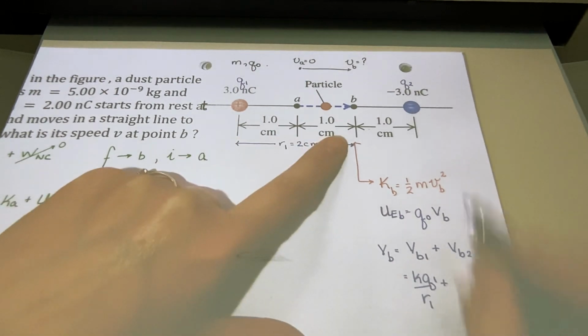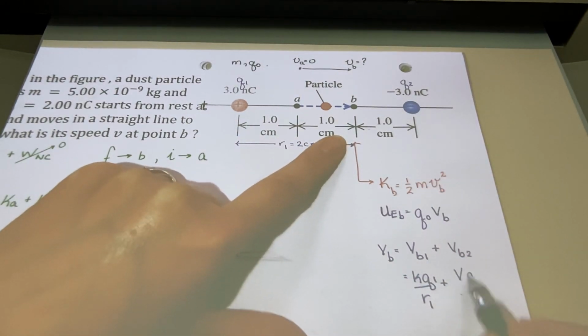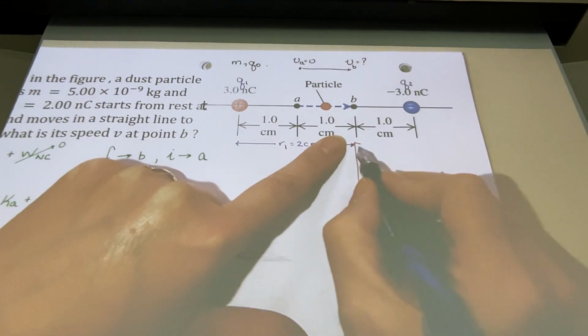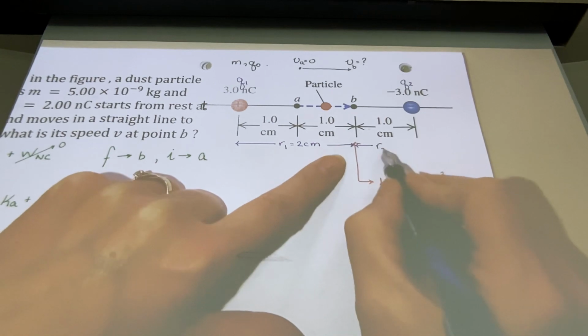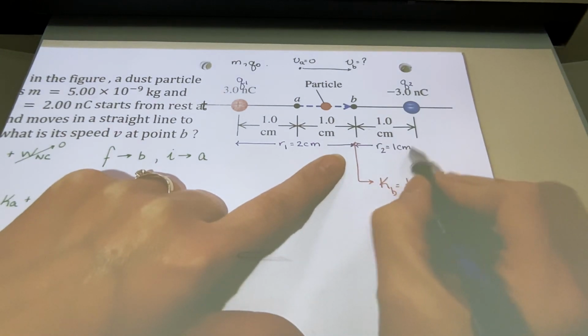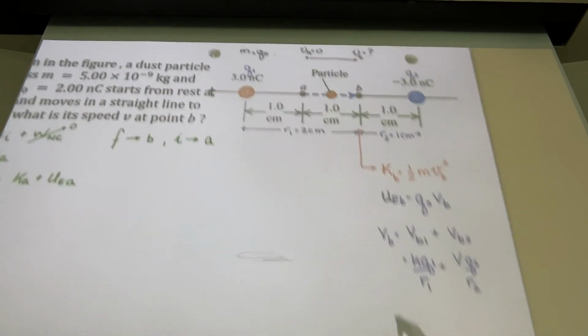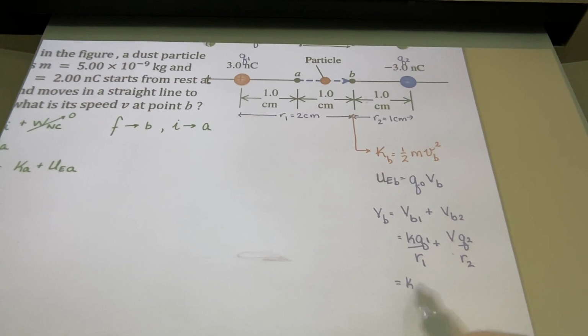My potential at point B due to charge 2 is K times Q2 divided by R2. R2 is my distance between point B and charge 2, 1 centimeter. You good here? So that's K outside of Q1 over R1 plus Q2 over R2.